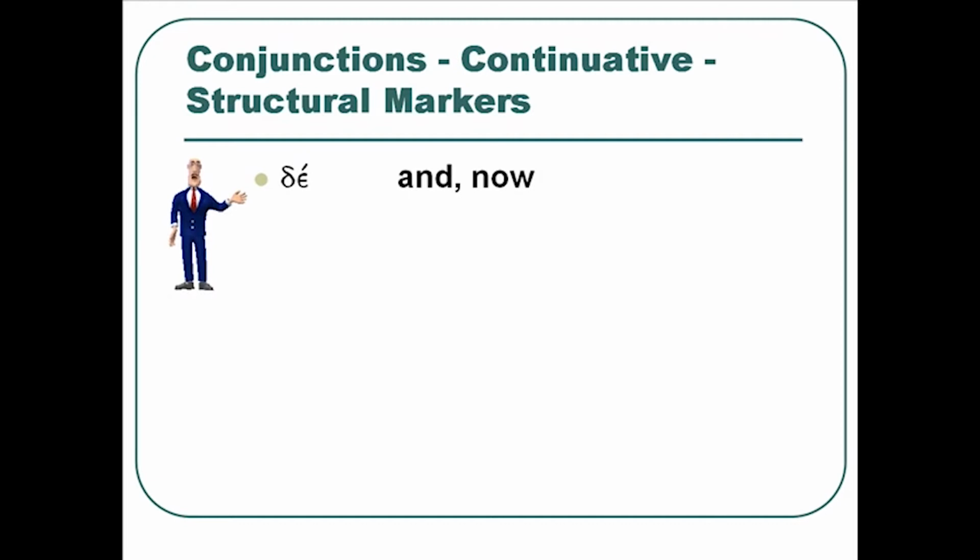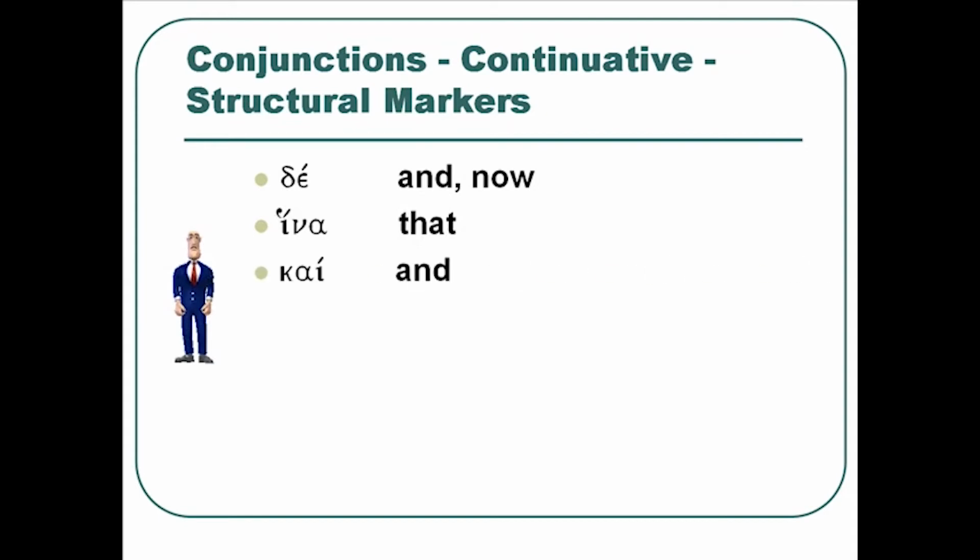And these continuative markers are de, means and or now. Hina means that in a continuative type of way. Kai is our chief, and it's used for the word and is used so many times in the New Testament, the word kai.